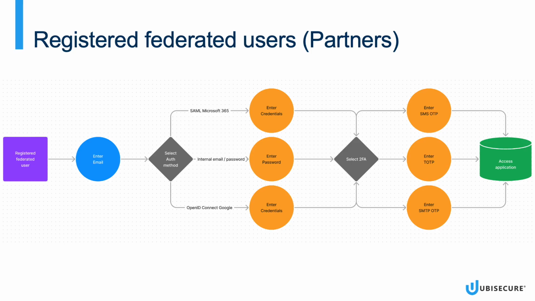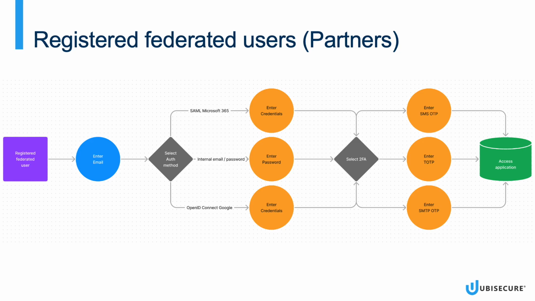So when a user from Sweco tries to access the application, they first enter their email. The system could then check what kind of domain this user is coming from and provide the specific methods that they can choose from to authenticate. If they, for example, would select the SAML Microsoft 365, they get redirected to their Microsoft authentication, and they can enter their email and password.